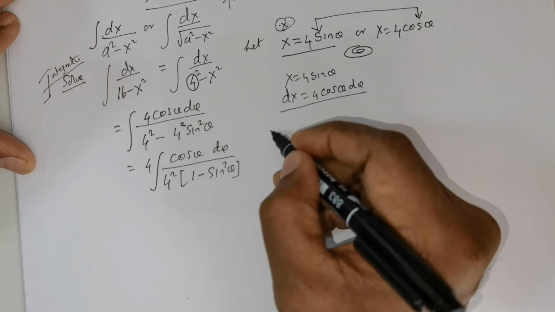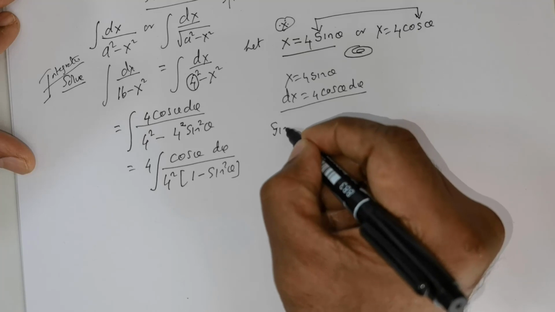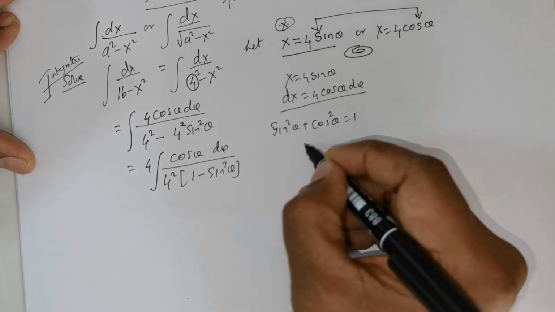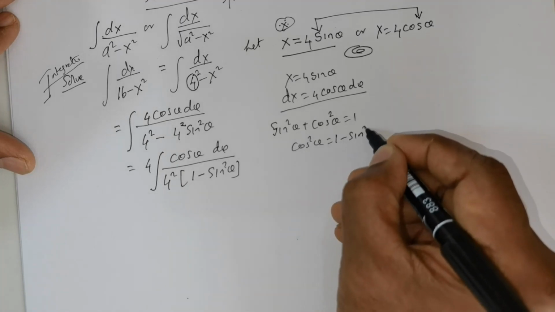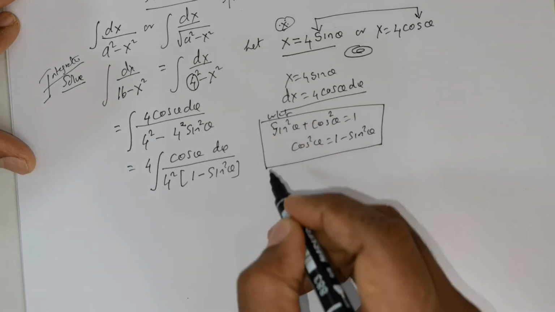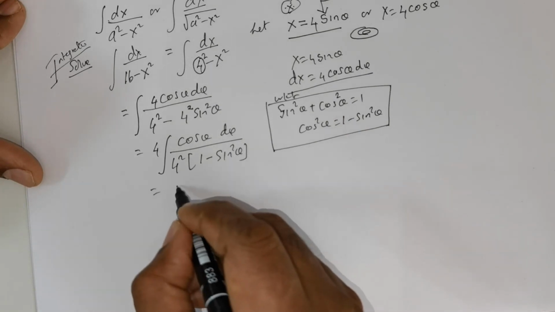Now there is a trigonometric identity which says that sine squared theta added with cos squared theta is equal to 1. So from here I can rewrite cos squared theta is equal to 1 negative sine squared theta. So we know that. So if I were to utilize, in place of 1 negative sine squared theta, cos squared theta, this is going to be integral.